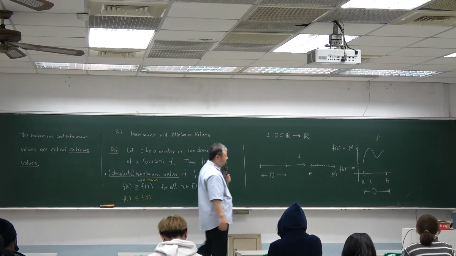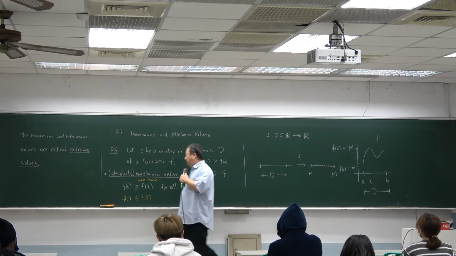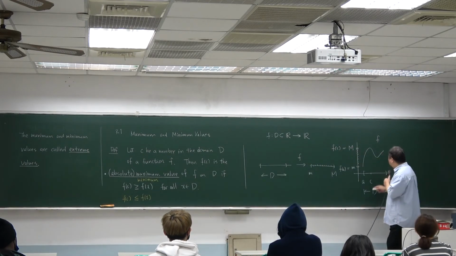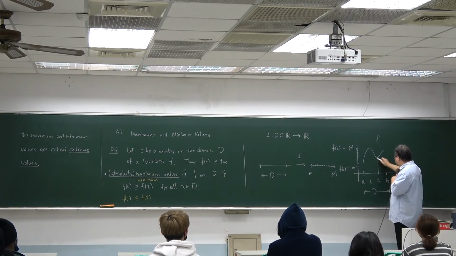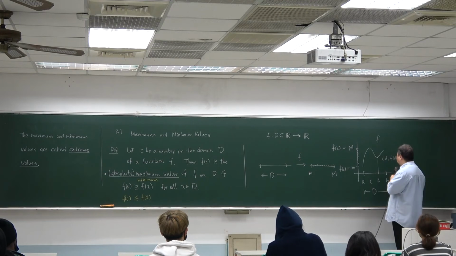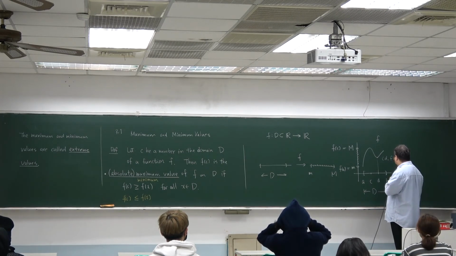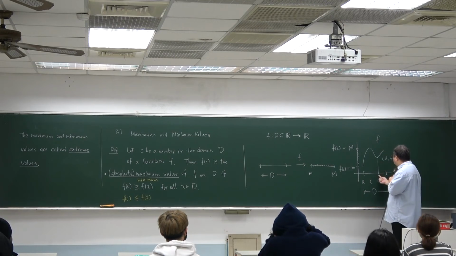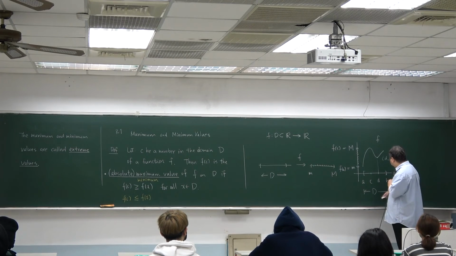For example, for this number d, though f of d is not the minimum of this function on D, in fact this number is the minimum of the function on some neighborhood of d, only some, if you can find, not too large.